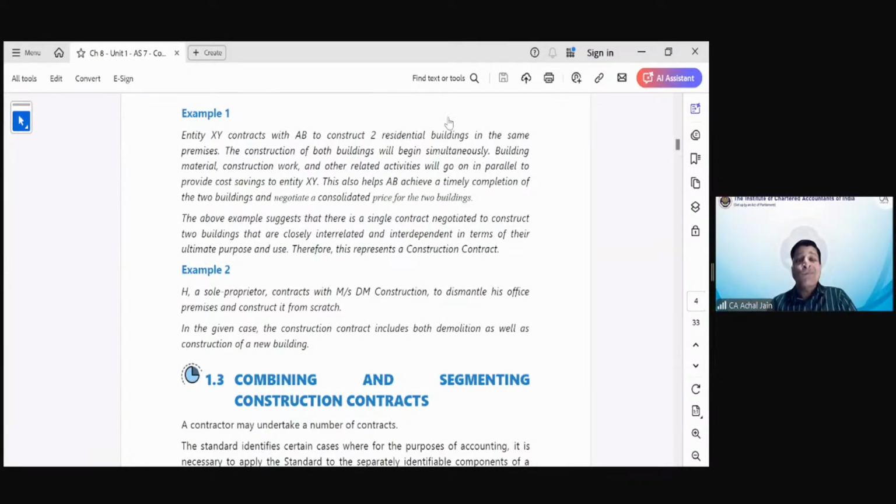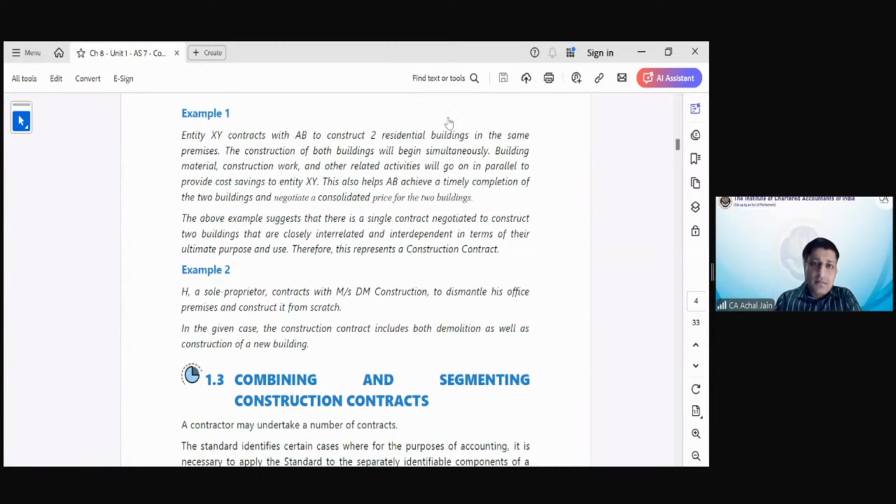Okay, so now in this case, entity XY contracts with AB to construct two residential buildings in the same premises. So who is entering into the contract? Entity XY. So who is the customer here?